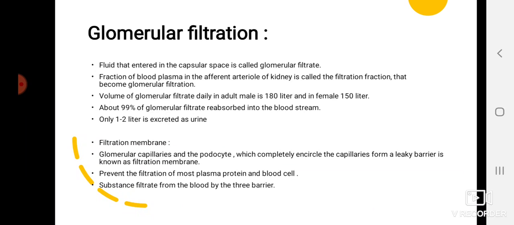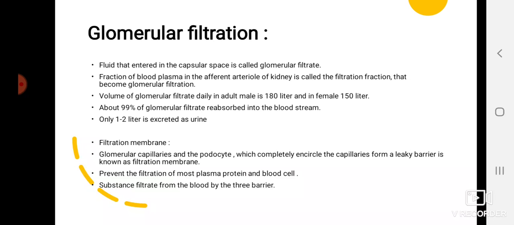The fluid found in the capsular space is called glomerular fluid, and the fraction of blood plasma that is present in the afferent arteriole of the kidney and gets filtered is called the filtration fraction. That becomes the glomerular filtrate.